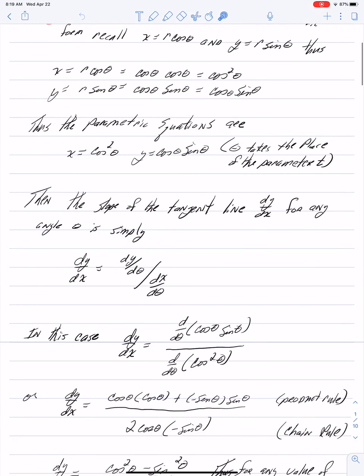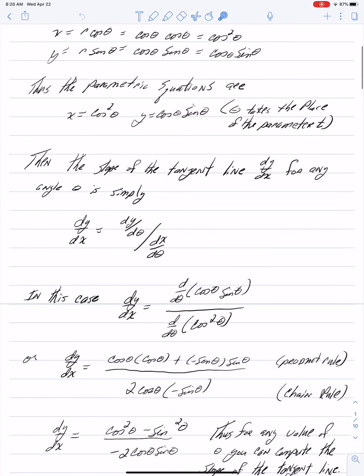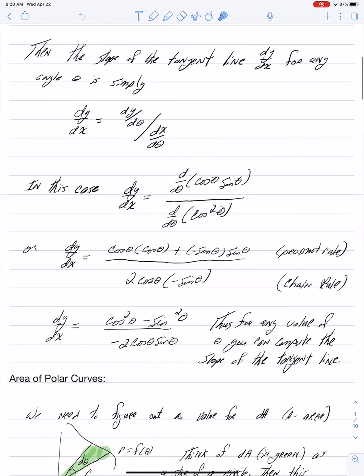So in the example that we're doing, y is cosine theta sine theta, so it's going to be d by d theta of cosine theta sine theta divided by d by d theta of cosine squared theta. The point is I use the product rule on the top and the chain rule on the bottom.